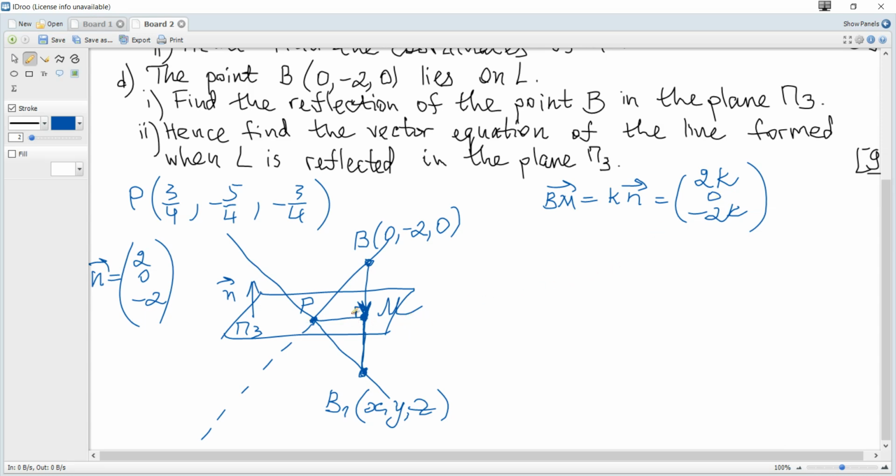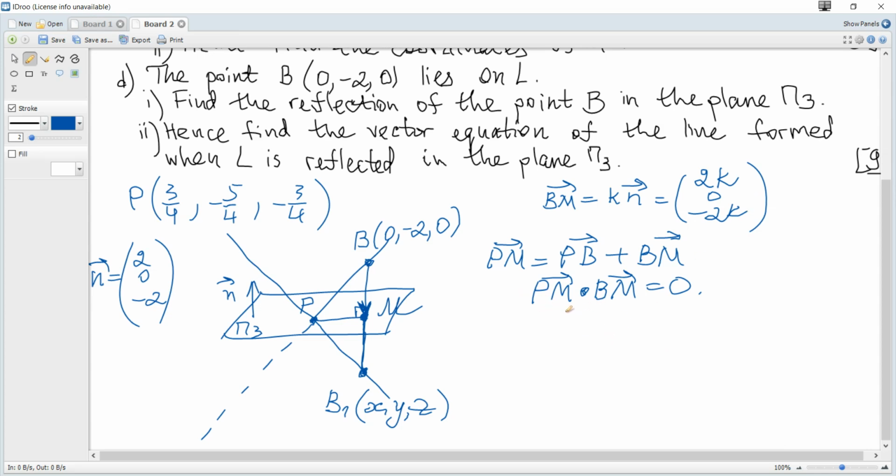How to find k? If we consider the PM vector, it is the PB vector plus the BM vector, and PM is perpendicular to BM, and if two vectors are perpendicular, the dot product of PM and BM is equal to 0. We can use it and hence find k.